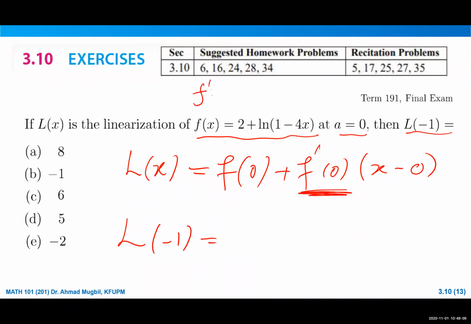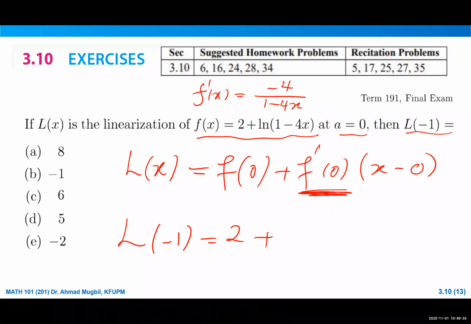The derivative of this function is what? The derivative of 2 is 0 plus the derivative of ln(1 minus 4x). What is it? It will be 1 over the expression, and in the numerator here we write -4, the derivative of the expression. Now evaluate it at 0. What is f at 0, by the way? f at 0 is 2, since when x is 0, ln 1 is 0.